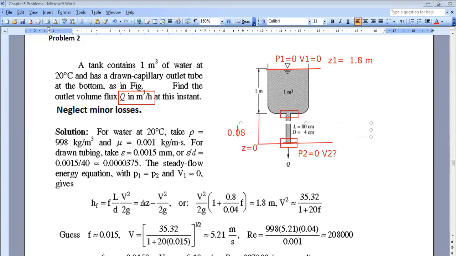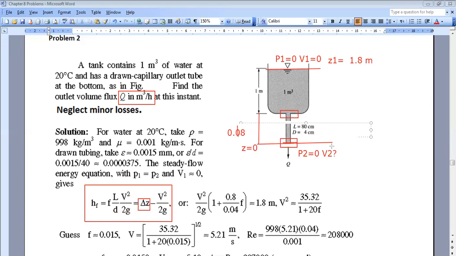Now I will write the energy equation and start to simplify terms. When I simplify pressure, V1 is 0 and Z2 is 0, I end up with the following relation: the losses, which are equal here only to major losses since we neglected minor losses, equal f L over D times V squared over 2g, equals delta Z between 1 and 2.